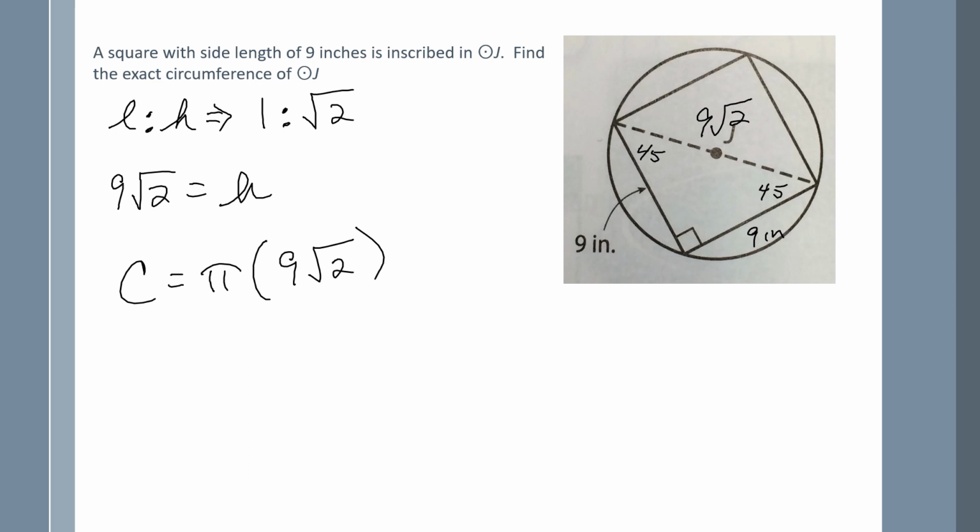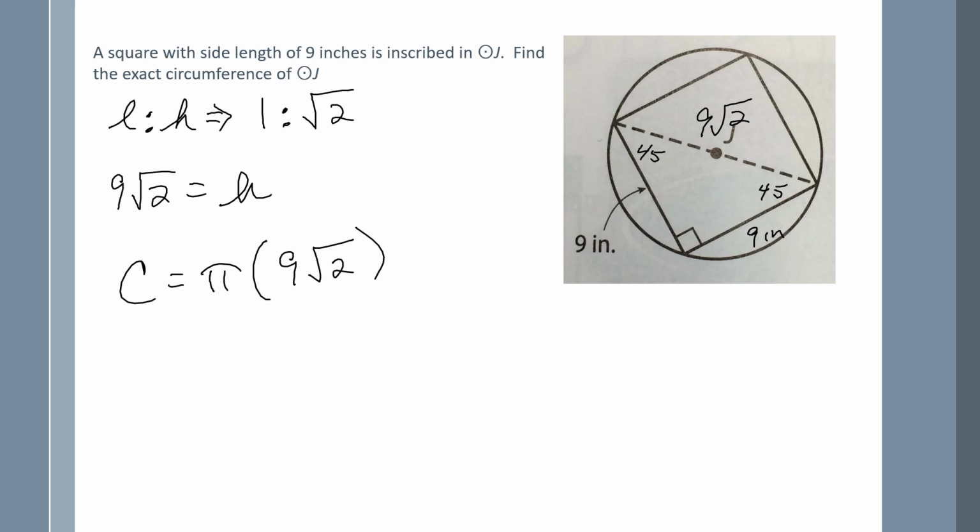I can take my calculator and say pi times 9, then put my square root of 2 in there, close my parentheses, and I end up with 39.985.